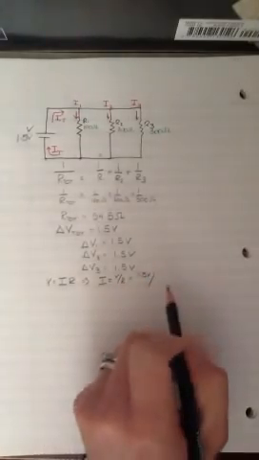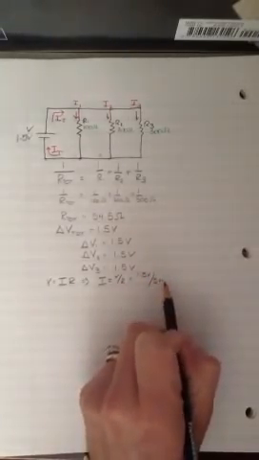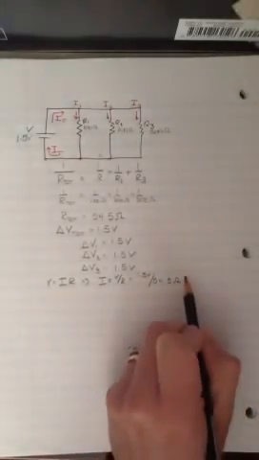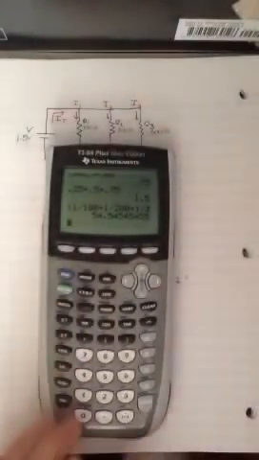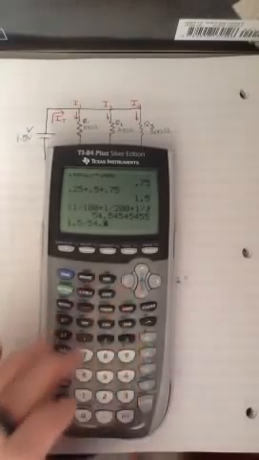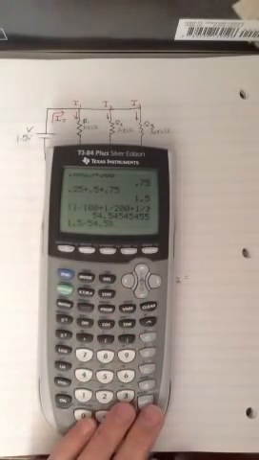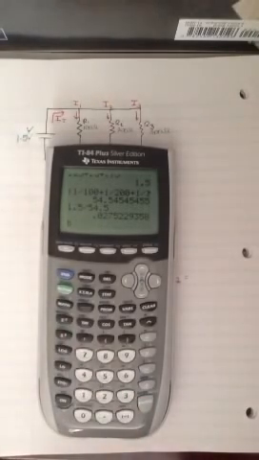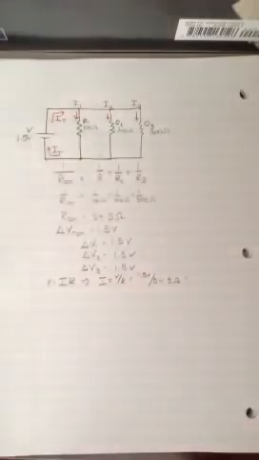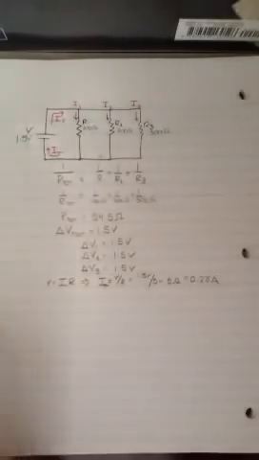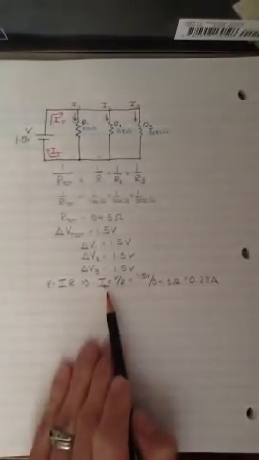The total resistance of my circuit, approximately 54.5 ohms. 0.028 amps. This will be the total current value.